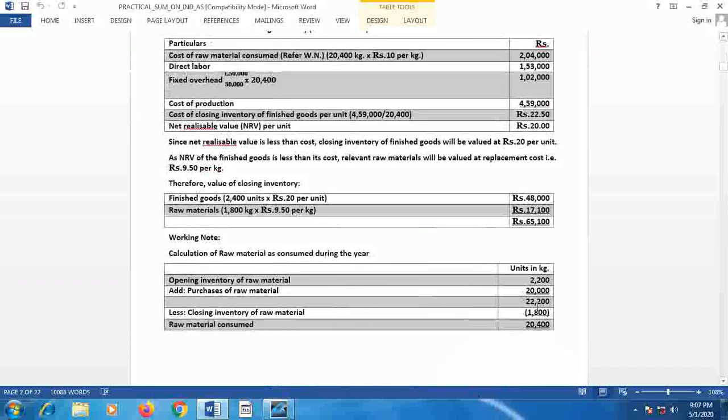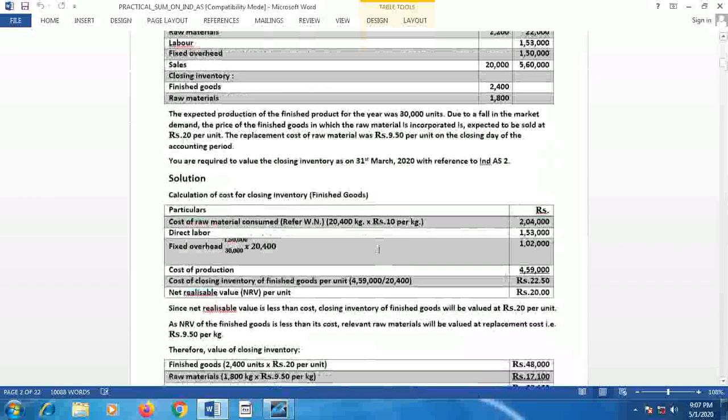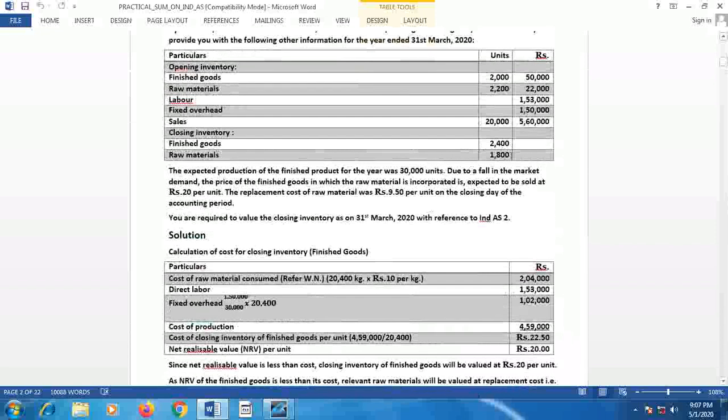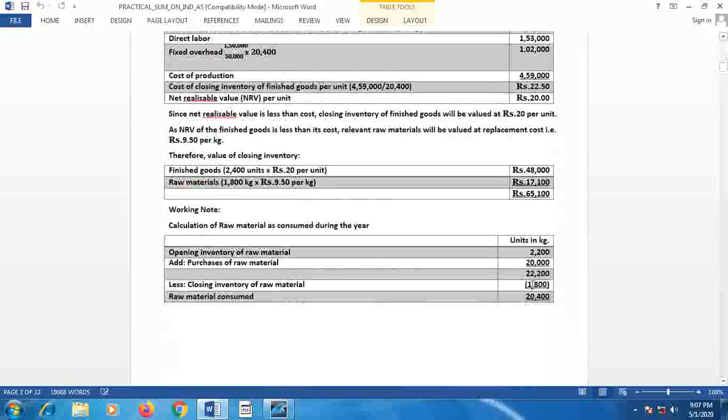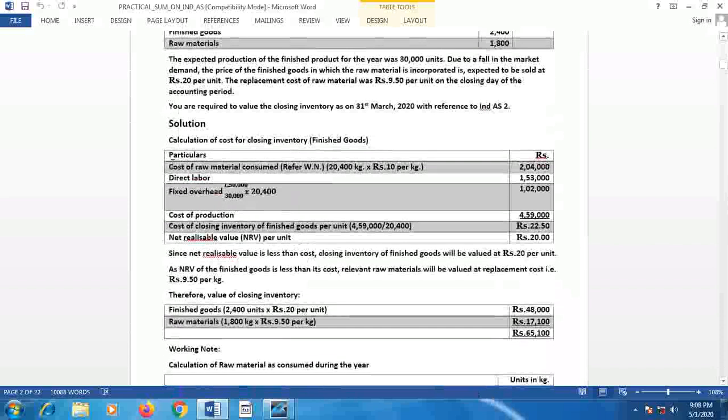So it becomes 22,200. Now the closing inventory, as mentioned in the problem, in relation to raw material is given as 1,800 units. That is deducted. It means 20,400 units are the raw materials consumed. So for the purpose of calculating cost of raw material consumed, it is 20,400 kgs into 10 rupees per kg.